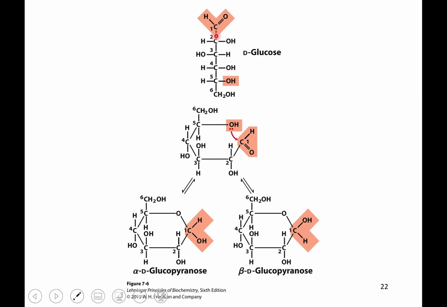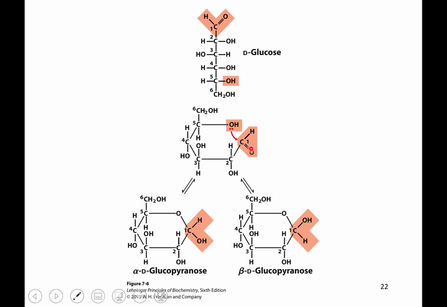Okay, the ring structure is going to have 5 carbons in it and 1 oxygen. This picture here is showing that open form structure just bent a little bit, so this OH group is in closer proximity with carbon 1. So we have that nucleophilic attack by the OH group on carbon 5. That forms a ring, and if you're pushing electrons, these electrons go there, those electrons would come out and grab a hydrogen.